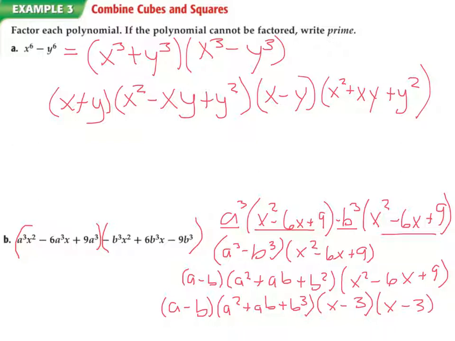We could also write our final answer, just get rid of the x minus 3 that's second, and go ahead and just write squared on the end of the x minus 3 instead of writing it twice. Either way is okay, either way I would accept.